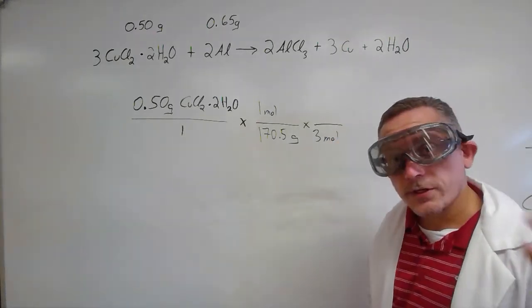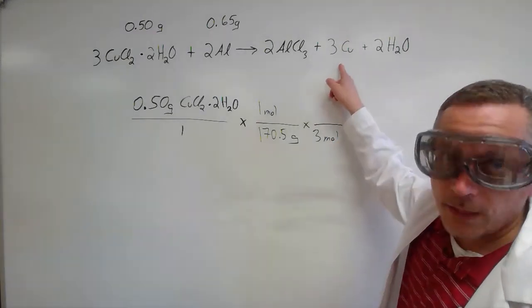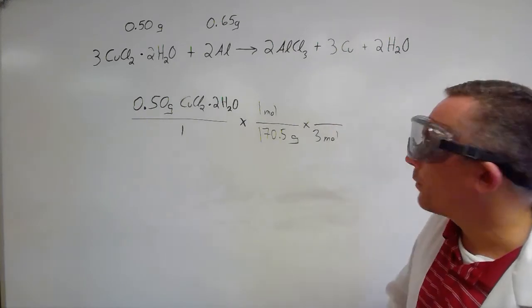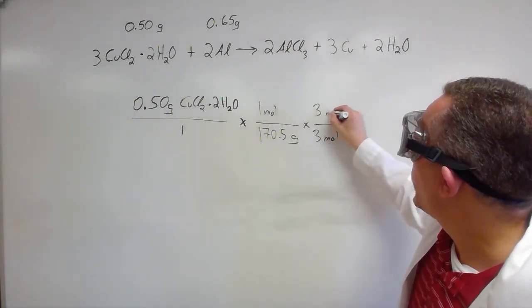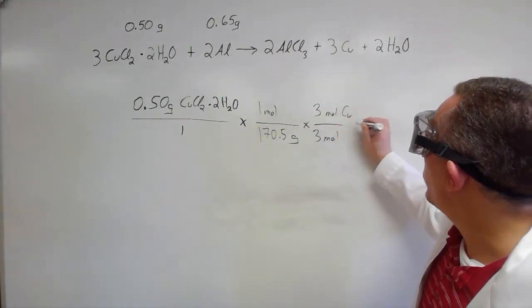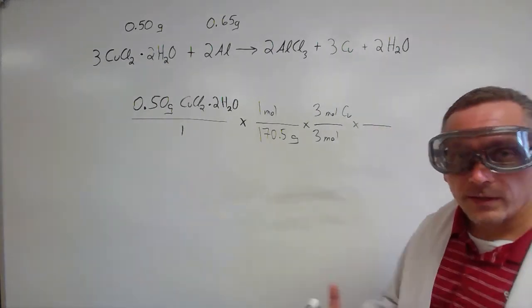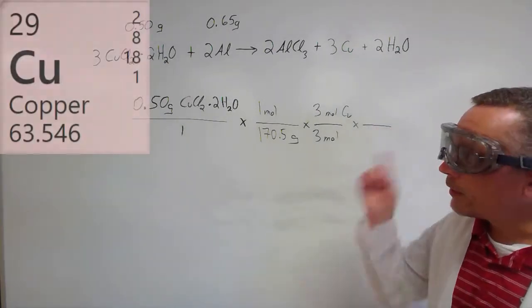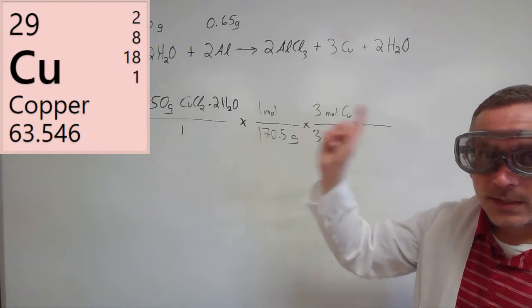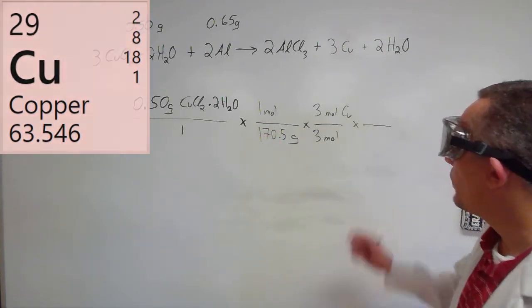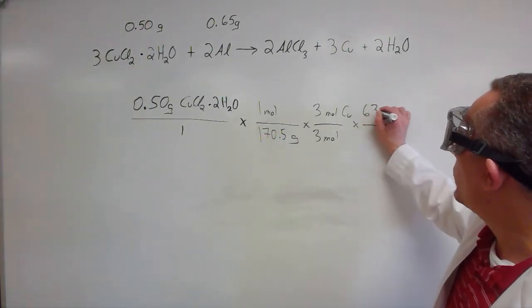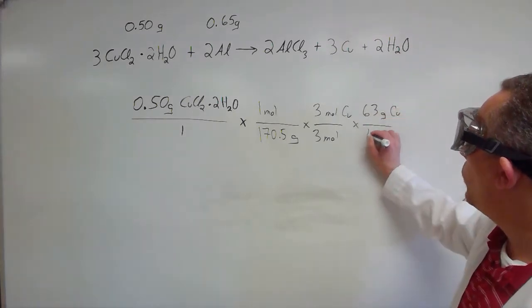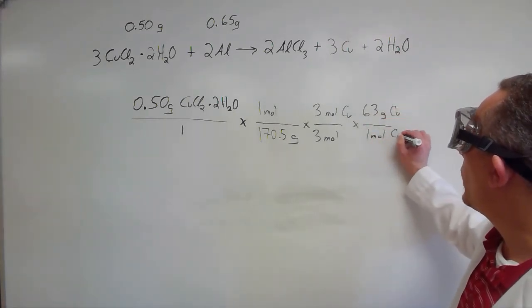And on the top, since they're asking us about copper, I'm going to put the moles of copper on the top, which is 3 as well. 3 moles of copper. And then finally to the periodic table, and we'll look up copper, and copper should be about 63. So I'm going to put 63 grams on the top and 1 mole there on the bottom.